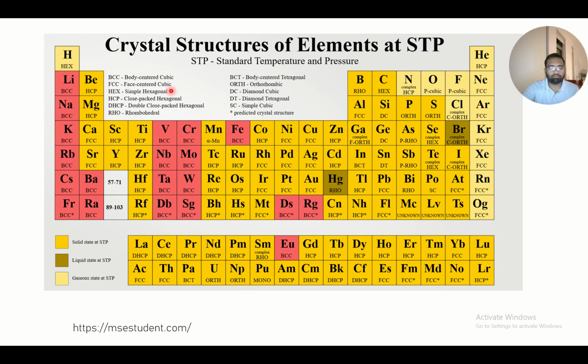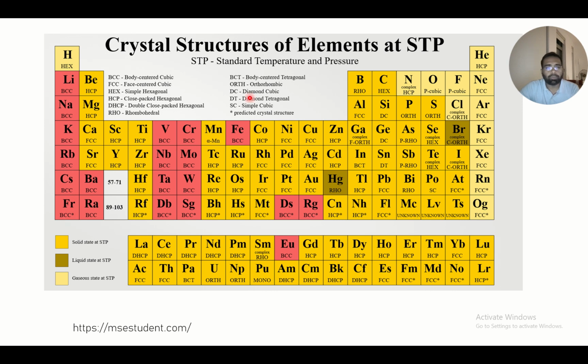Here is the periodic table, which represents the elements. You can see iron is having BCC, body centered structure, hydrogen is having simple hexagonal, and the alkali metals lithium, sodium and potassium have a BCC structure.